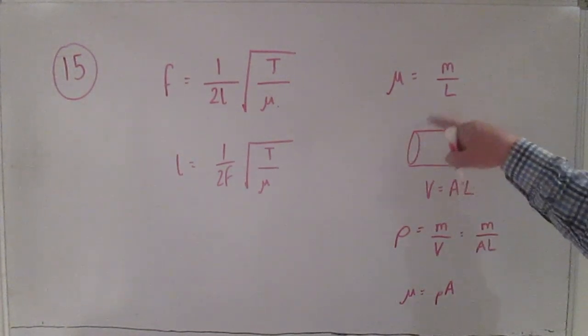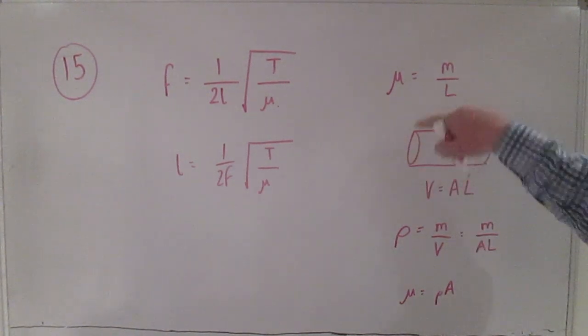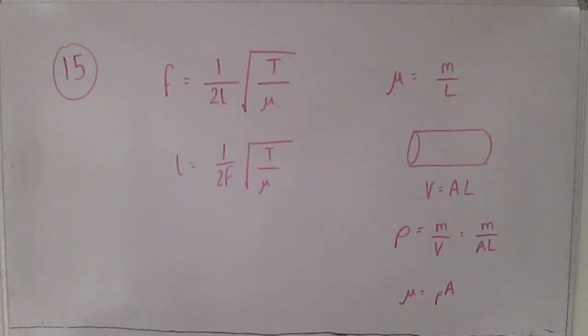And if we're talking about a wire with a circular cross-section, then A is proportional to the square of the radius, and since the radius is just half of the diameter, that means that A is also proportional to the square of the diameter.